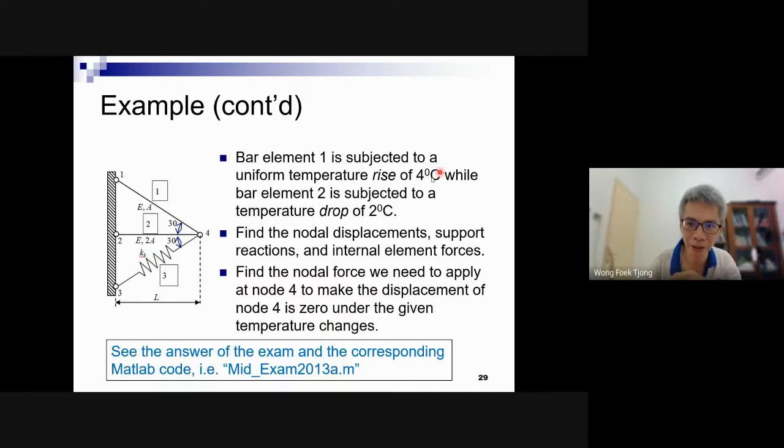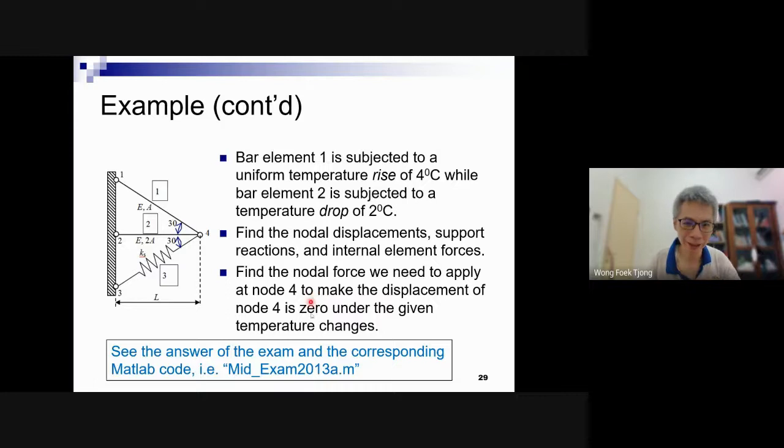So under this temperature change, I want this to remain at 0 displacement. How large and in what direction should the force be applied at node 4? That's the second question.